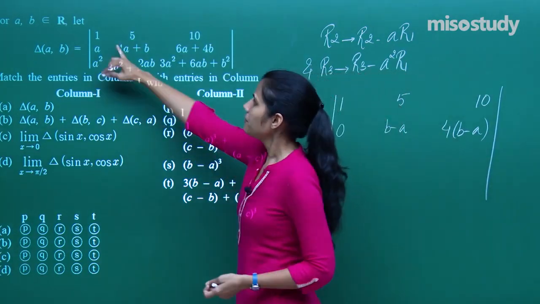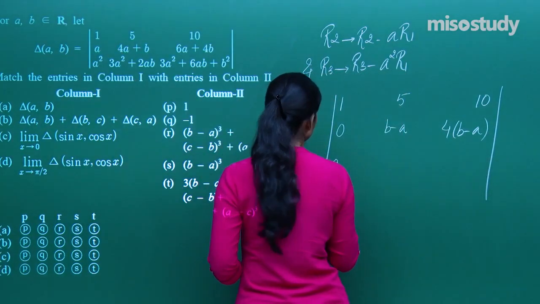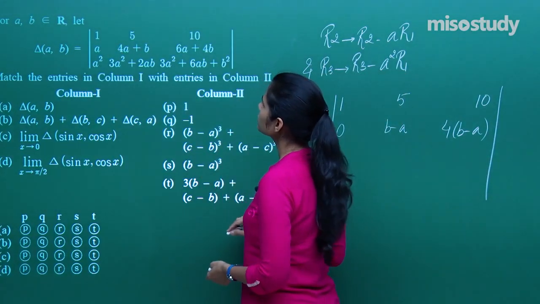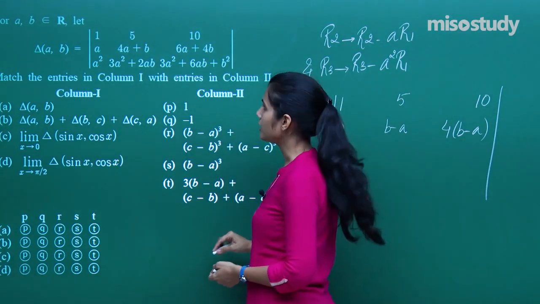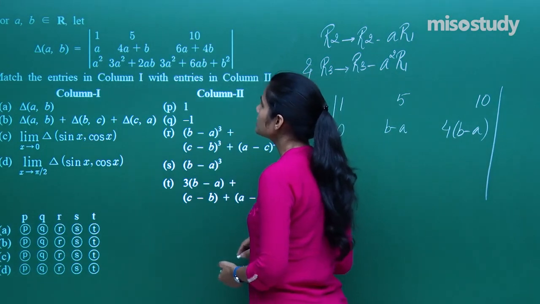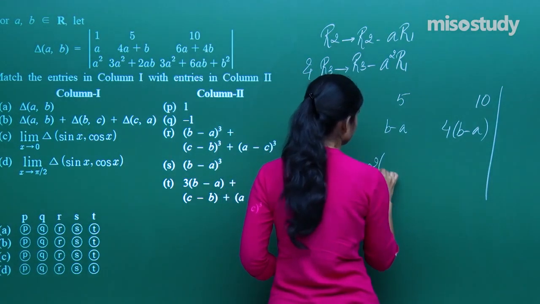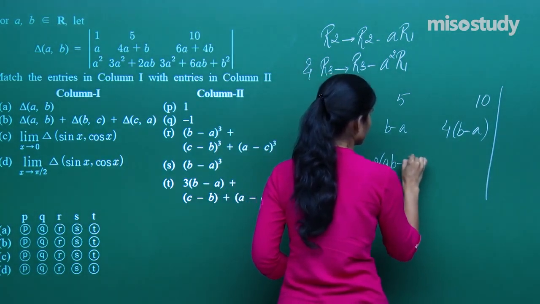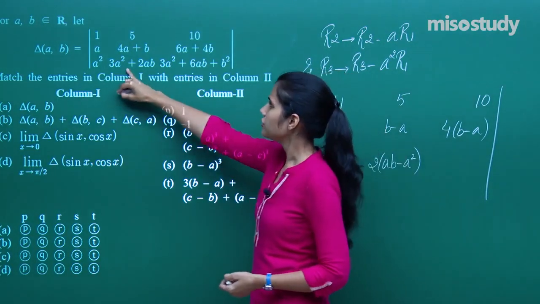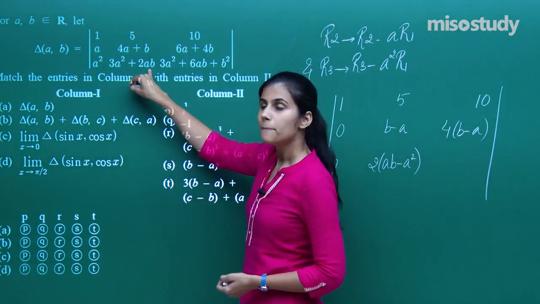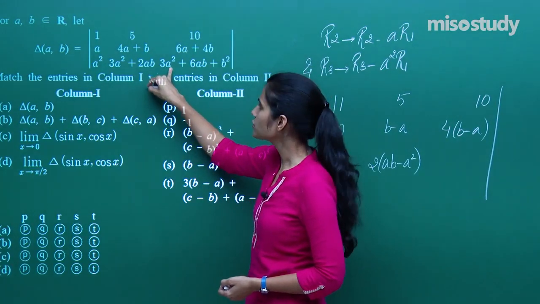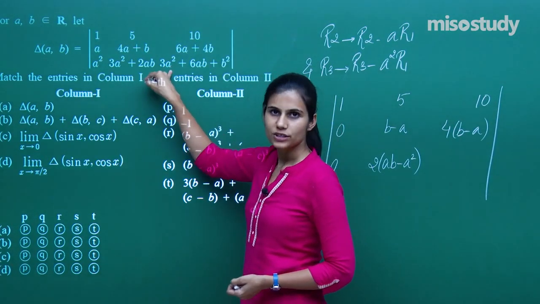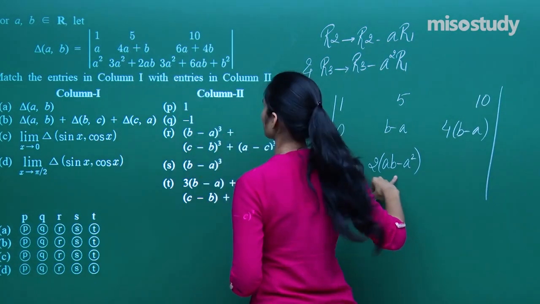Then you have A square minus A square, which becomes 0. Then you have 3A square plus 2AB minus 5A square. So 3A square minus 5A square is minus 2A square. So 2AB minus 2A square, 2 common, AB minus A square.